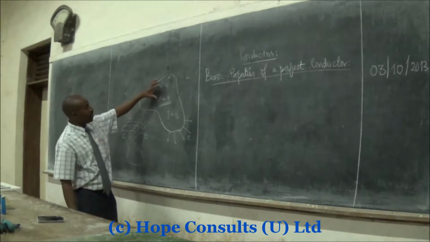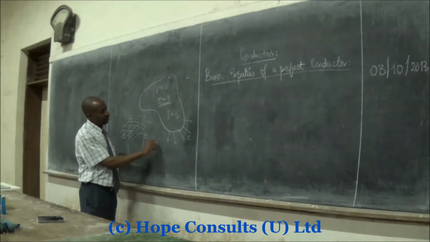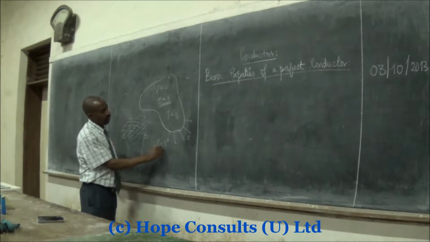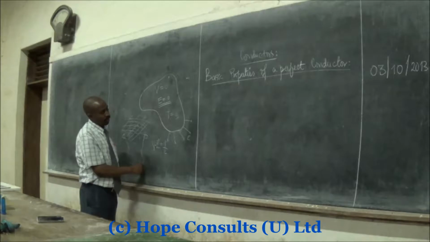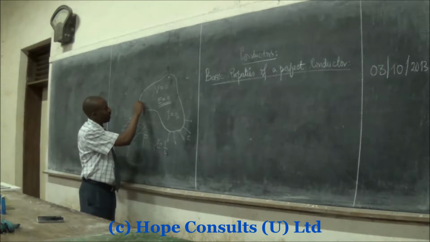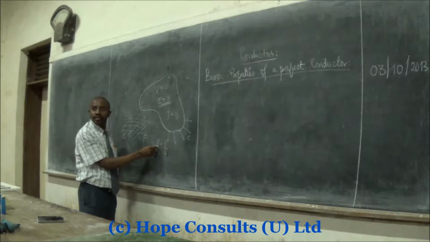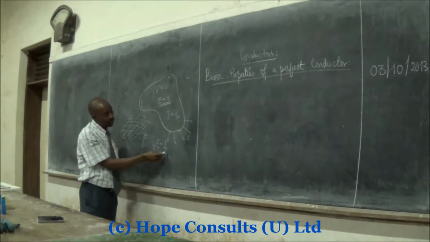And of course, all these come out because the divergence of E equals rho over epsilon naught, or we can just say over epsilon, where this is the permittivity. If E is equal to 0, the divergence of E will be 0, and so will be rho.